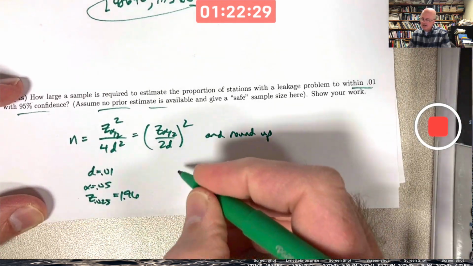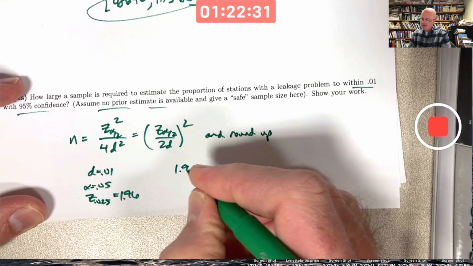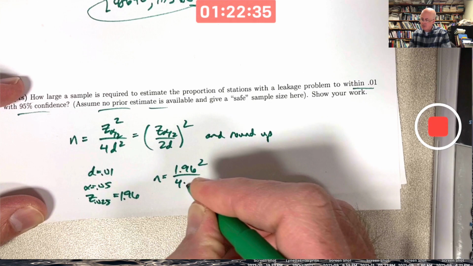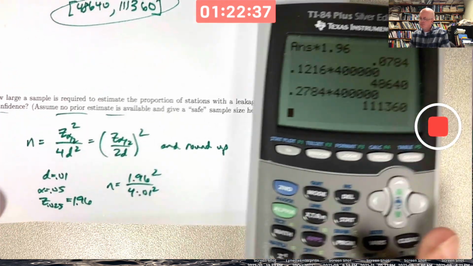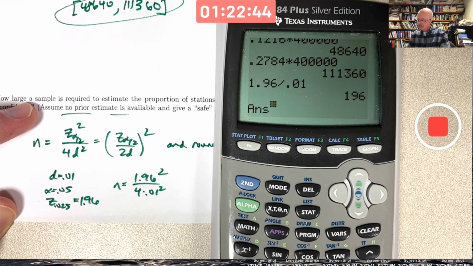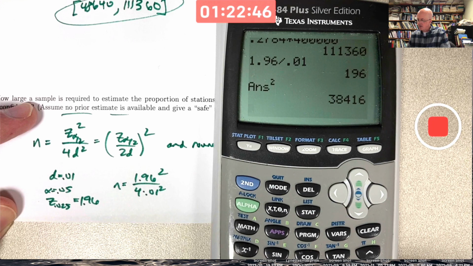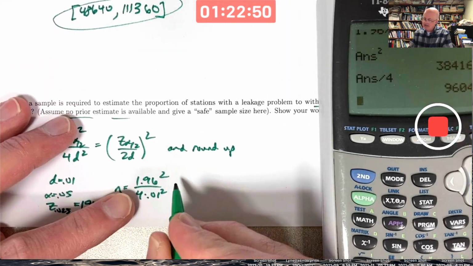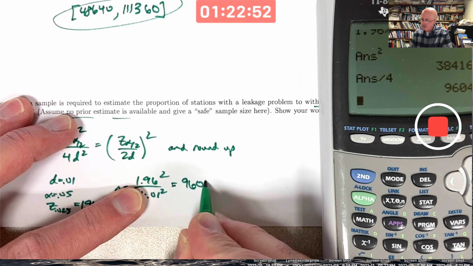So we're going to get 1.96 squared divided by 4 times 0.01 squared. Or I could just do 1.96 divided by 0.01 first and then square that. And then divide by 4. Does turn out to be a whole number in this case, 9604.